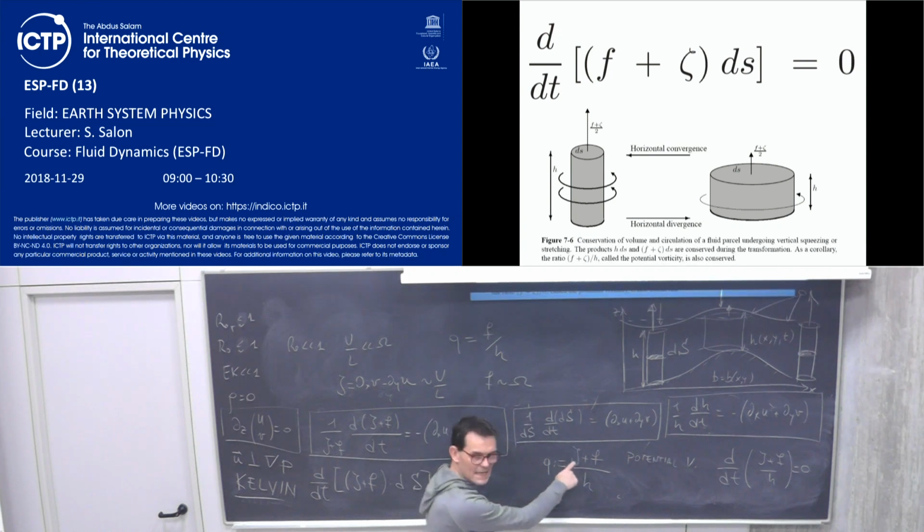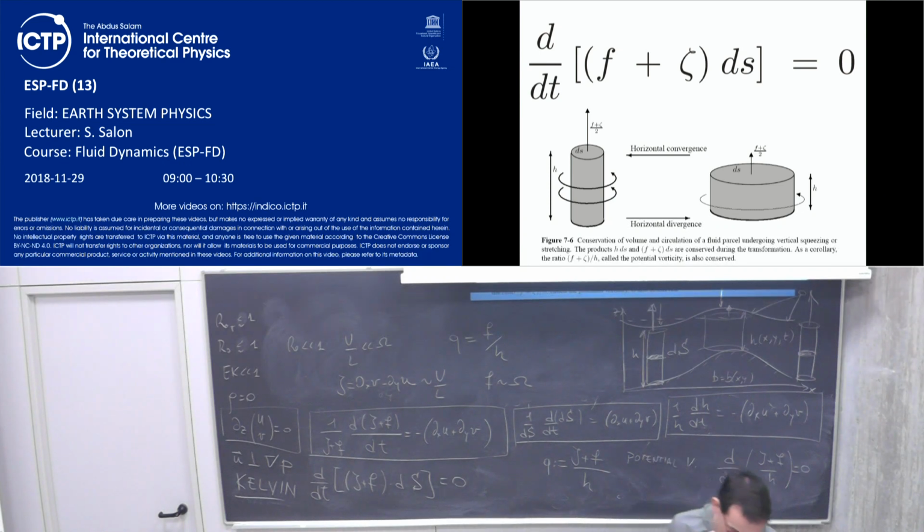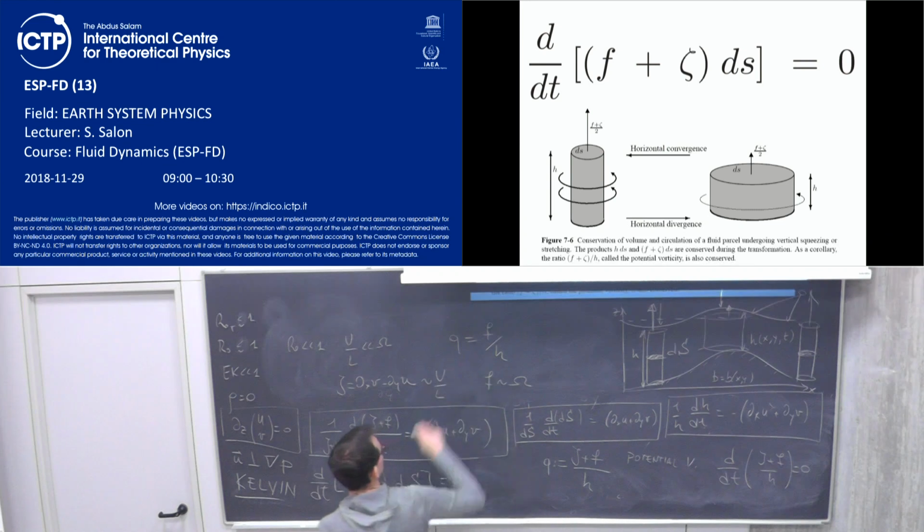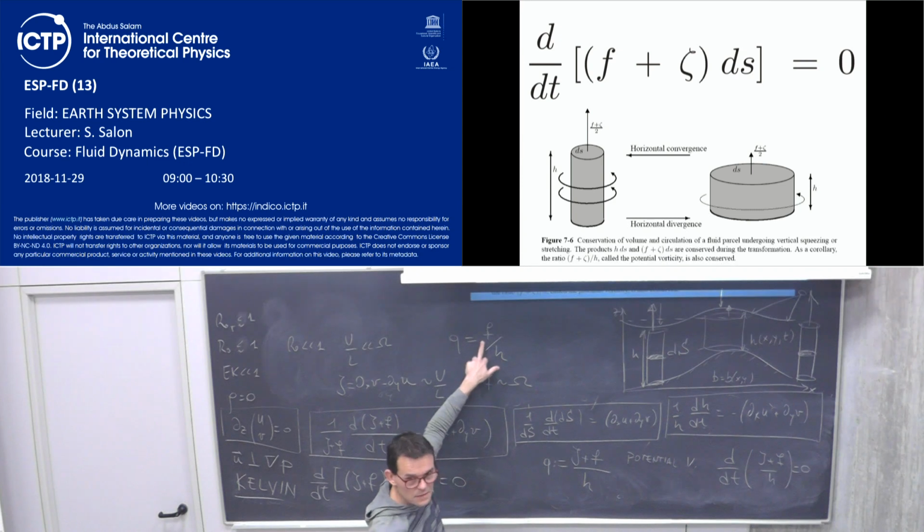Okay? So we can neglect the relative vorticity and just consider the potential vorticity as the ratio between Coriolis parameter and H. So for example, if we keep fixed F, we will keep fixed also H, which is exactly what we said before with the Taylor column. Okay?